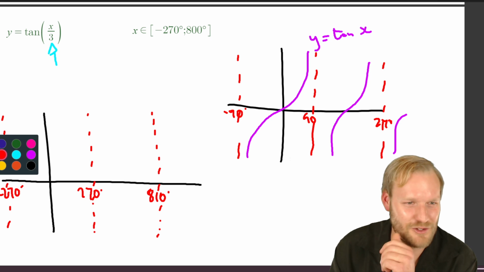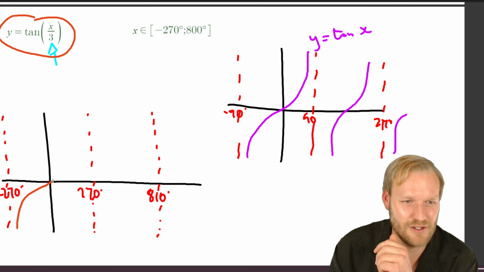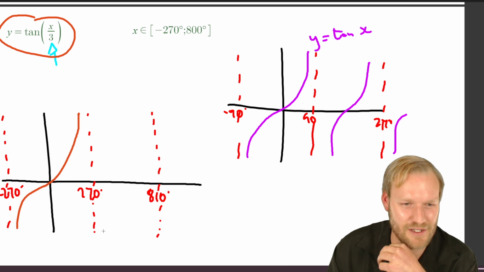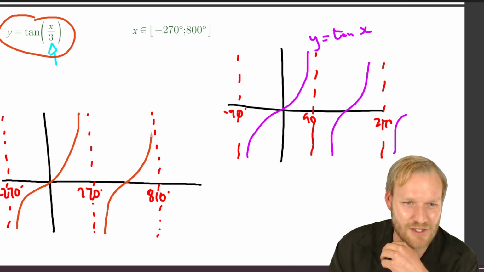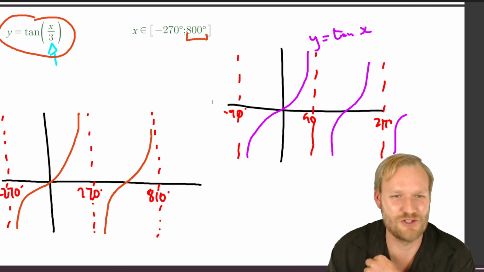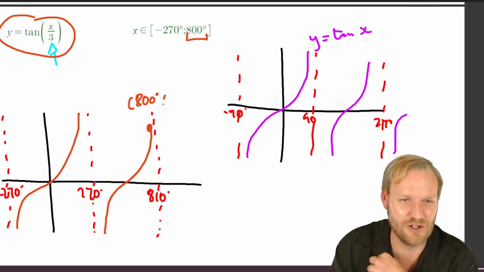So now we need to draw our graph. The shape's going to be the same. Let's do an orange. For this one over here, this is still going to do that, but it's much slower. And then this is going to do this, and for some bizarre reason, stop at 800 degrees. So it's not even going to make it to the asymptote. It's going to stop over there at 800 degrees.